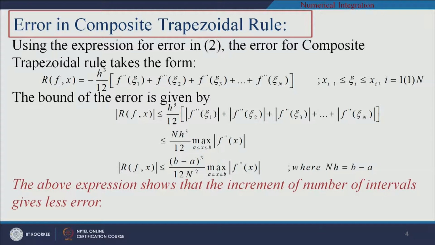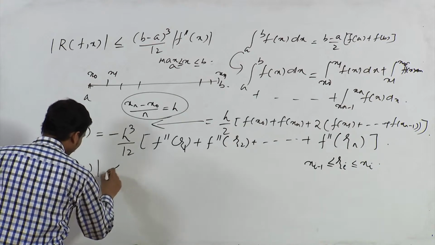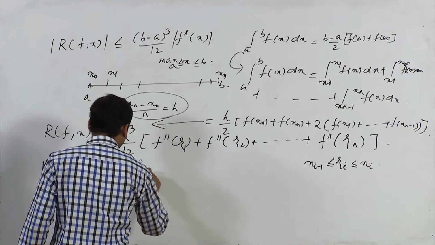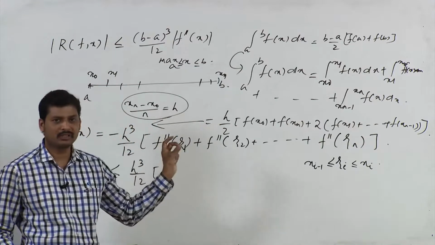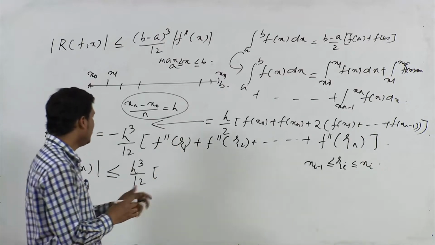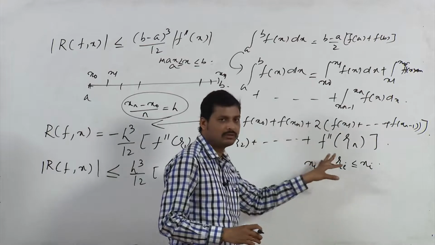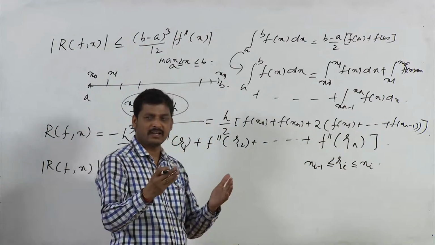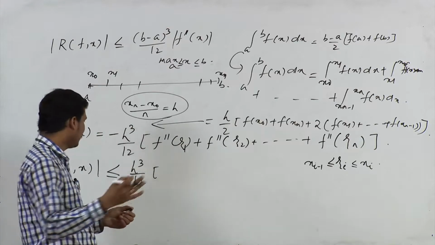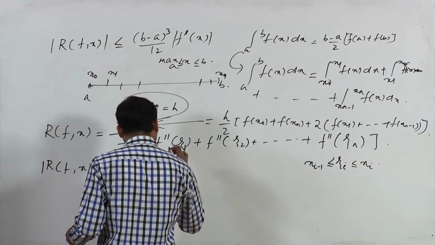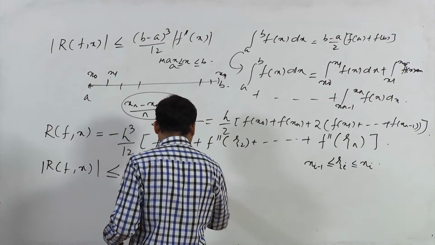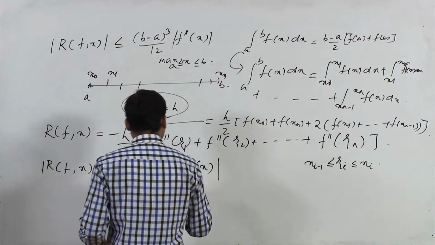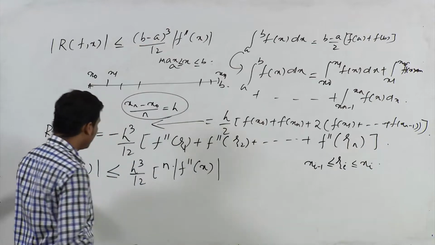So, if we go for this error bound, then we can write R of f of x should be less than or equal to h cube by 12, and if we find a maximized error term, or we can consider each term of the error to be of equal value, or consider this maximized error term itself, then we can take the total sum as n into f double dash of x, which can take a positive value since we are taking the absolute value on the left hand side.